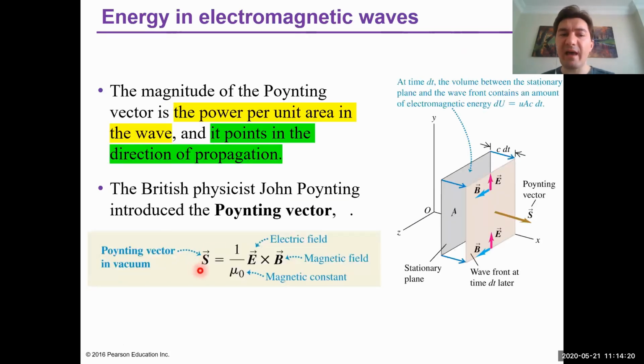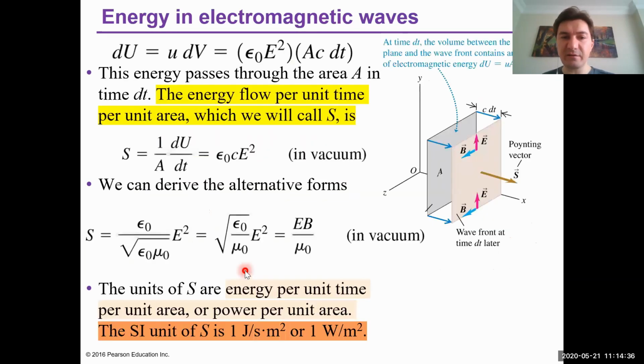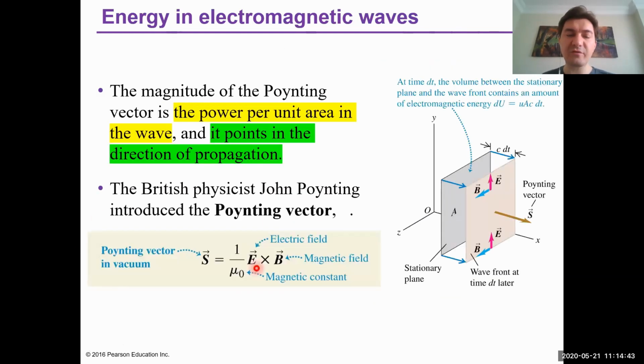So what is this S? This S comes from the British physicist John Poynting. He introduced the Poynting vector, so we show it with S. And what we have found here, S is given by E times B over mu 0. If you write this one in vector form, then we have that one, E cross B. This is a vector product.